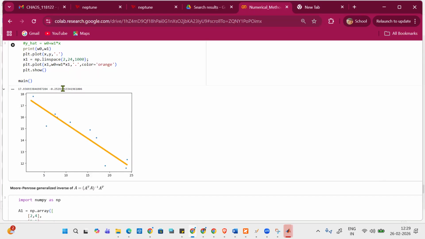Can you see why the line has come like this? Can you tell me? Very interesting problem. If you have these X and Y data sets all distributed and your regression line is coming like this, why is your regression line like this, but not like this one, or this one?